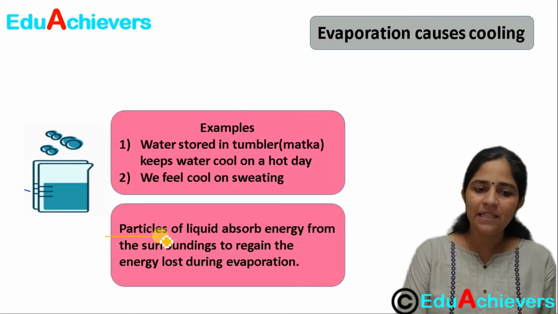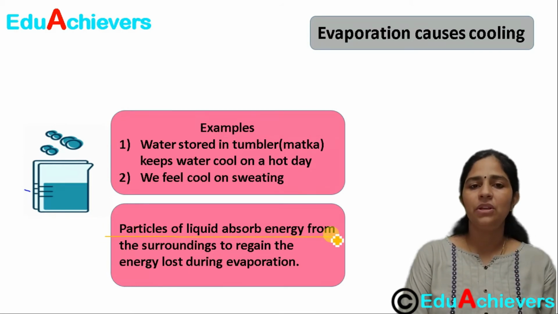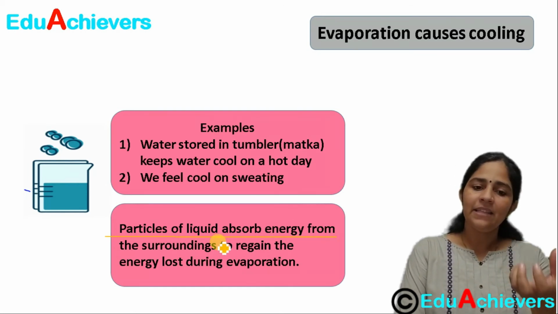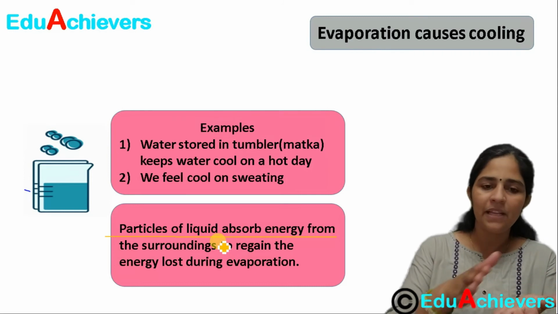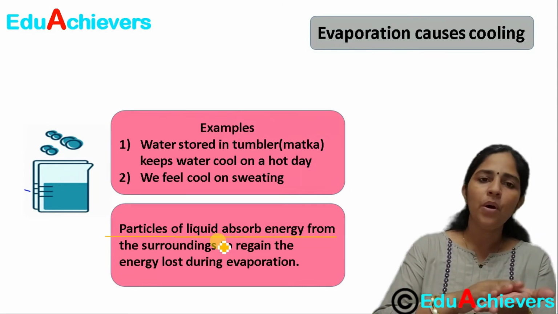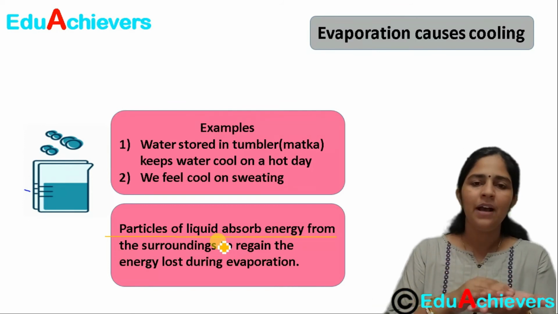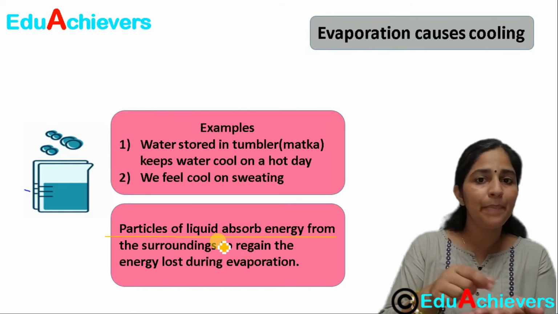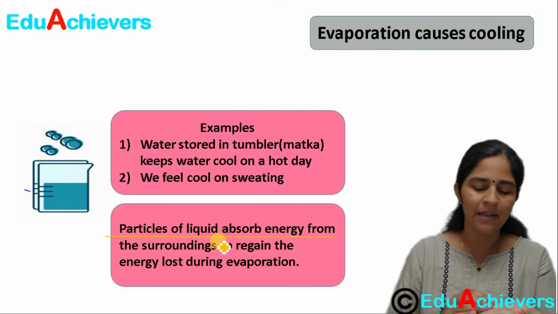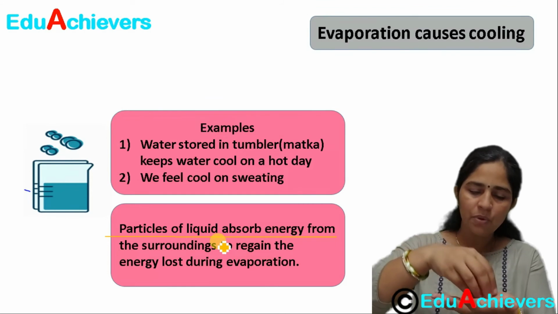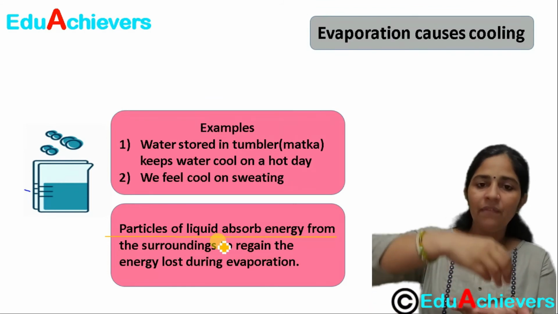Whenever the particles of liquid absorb energy from their surroundings, they evaporate. For example, pour one or two drops of nail polish remover, or acetone, on your palm. The acetone molecules will absorb the heat from your hand and will evaporate.